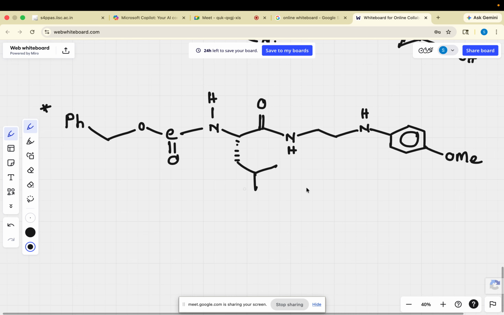So this is a molecule. Here I am giving this reagent, hydrogen, 10 percent palladium carbon in presence of methanol. So methanol is the solvent here. Can you guess what will happen? Which bond will break here?